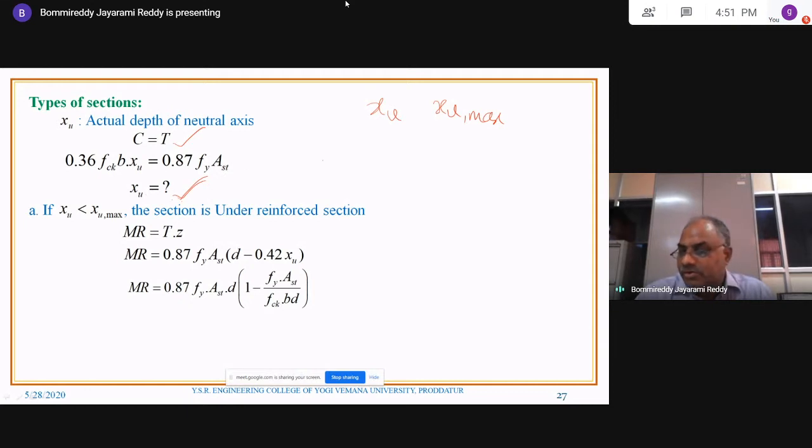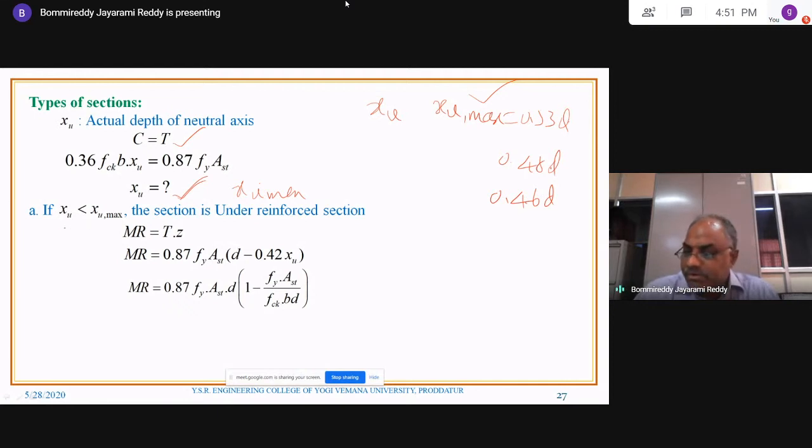Once XU is known, find out XU maximum from the formulas 0.53D, 0.48D or 0.46D, depending upon mild steel, Fe415 or Fe500. Now compare the values of XU and XU maximum.